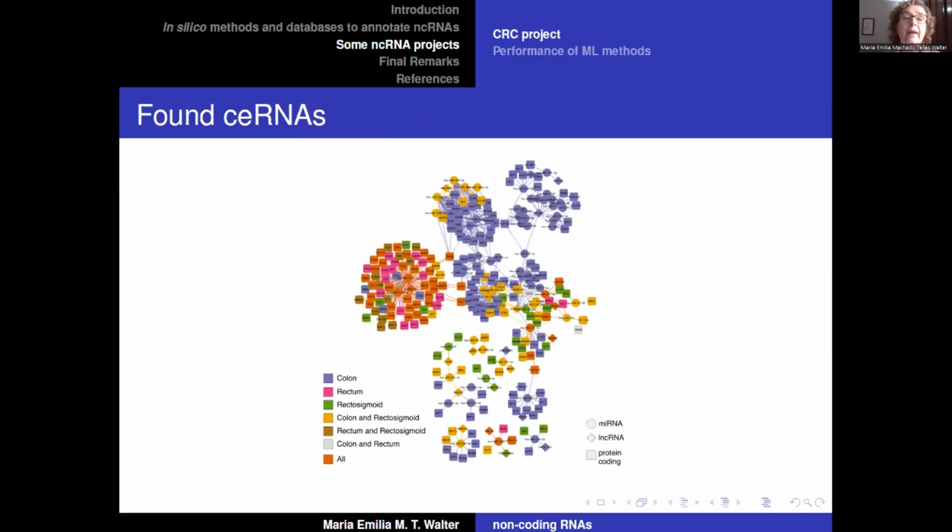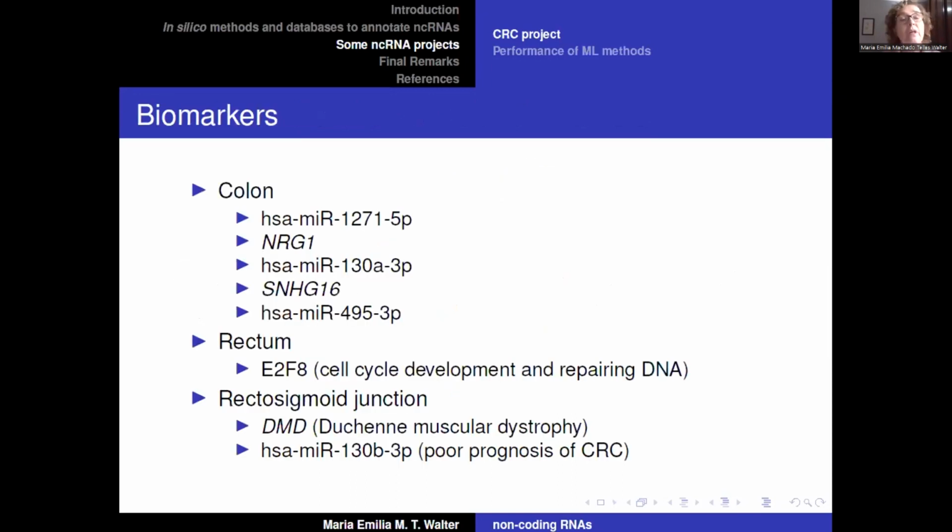The next slide shows these small ceRNA networks in the different sites of the CRC. And the next slide shows the biomarkers that we proposed. This was published last year. So we proposed some biomarkers in the different sites.